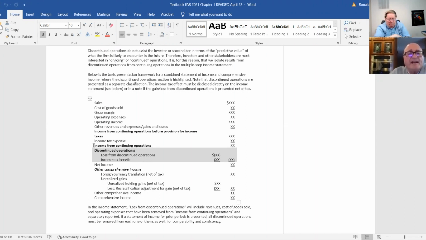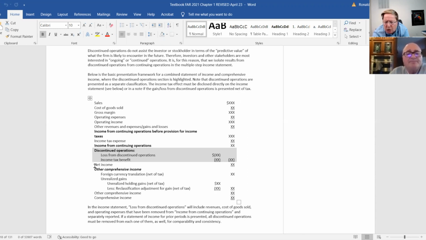Everything in bold relates to the continuing operations. Next comes the discontinued operations. Please remember, under GAAP, you must show the loss from discontinued operations incurred during the current year and any income tax expense or benefit. If this was a gain, this would be income tax expense. If this is a loss, which is what we're showing here, there would be a tax benefit.